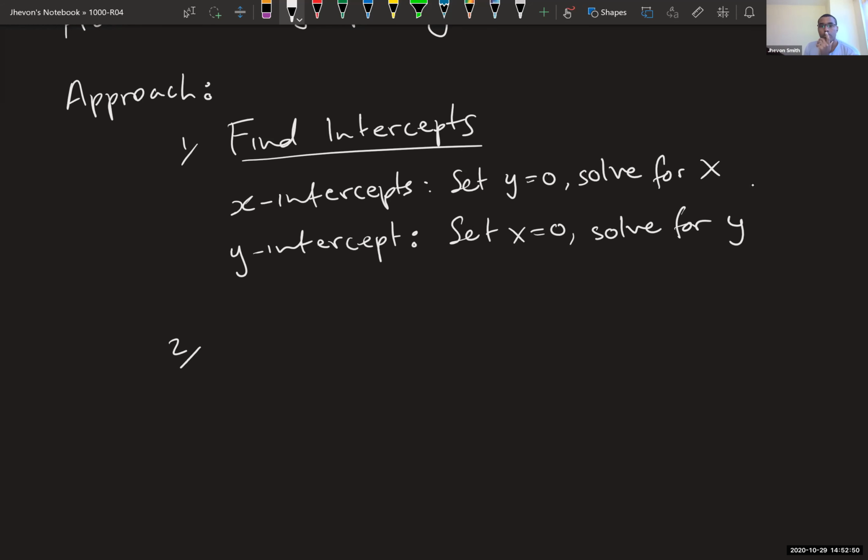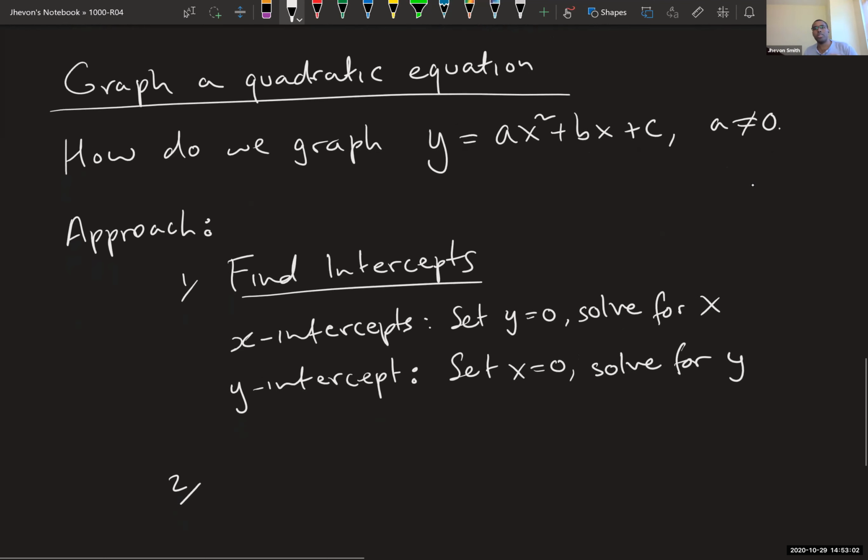You find the slope. The slope for a quadratic? You don't know how to find the slope for a quadratic. That's something you talk about in Calculus 1. We also don't need to do that to graph a quadratic equation. Would you need to find the vertex? No.